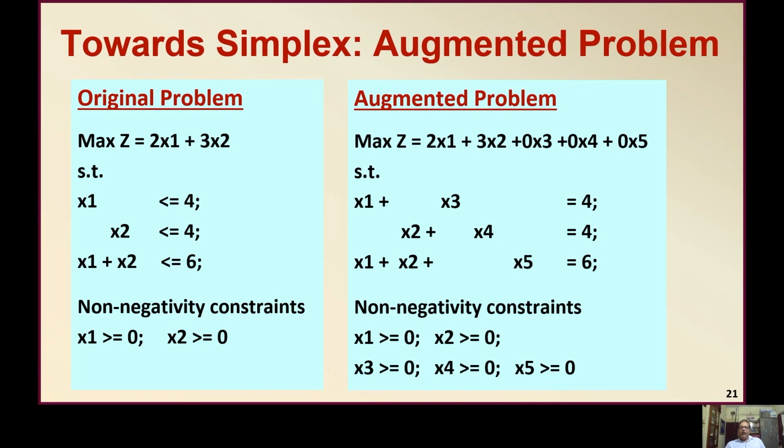It's very simple mathematics. 5C2. How much is 5C2? You know very well that 5C2 equal to 5 into 4 divided by 2 into 1 equal to 10. So 2 variables can be put to zeros in 10 different ways.